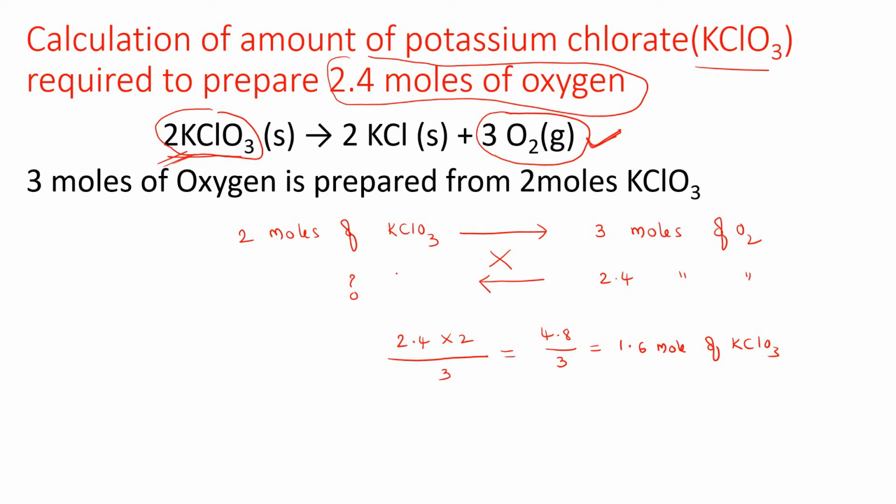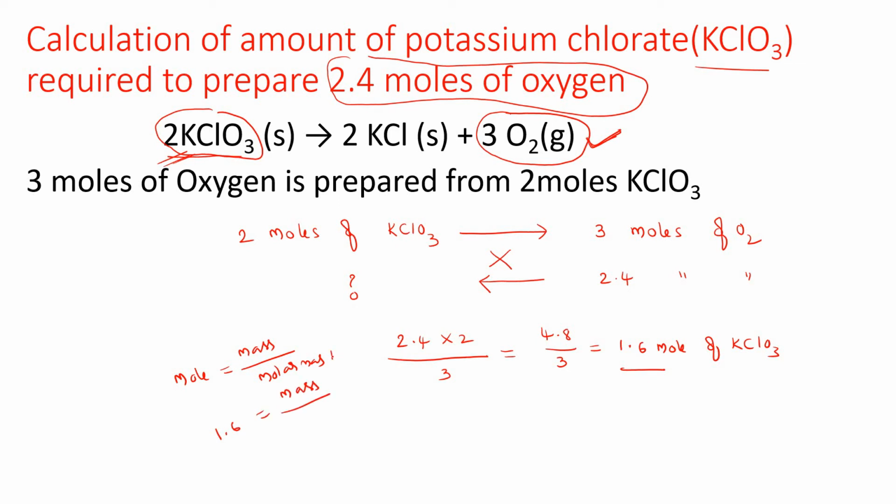But the amount they asked is in grams, so how to convert? Mole is equal to mass by molar mass. This is the formula. Now we got 1.6 moles, and I want to calculate the mass.